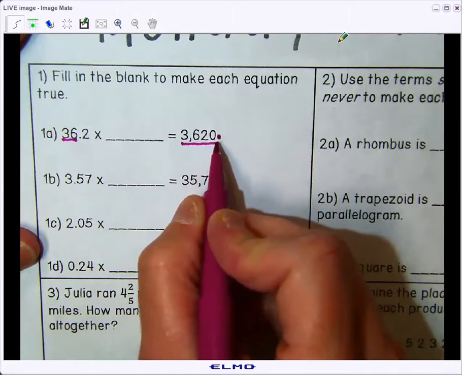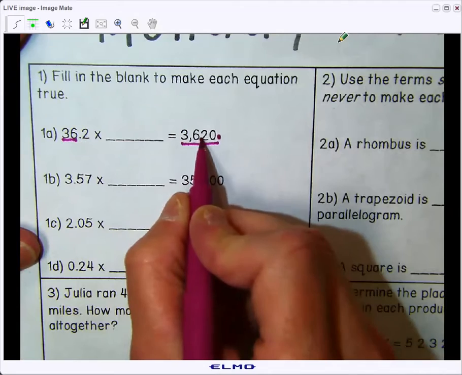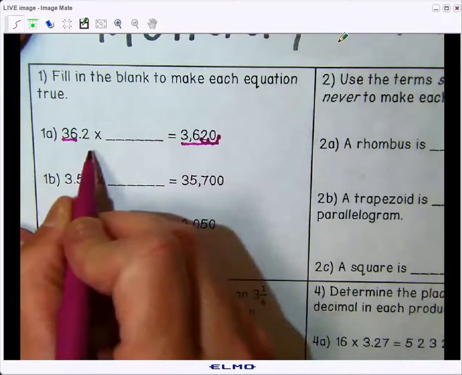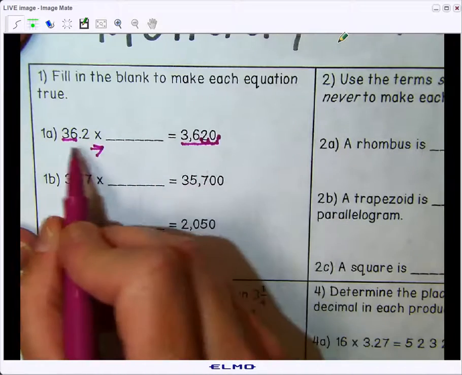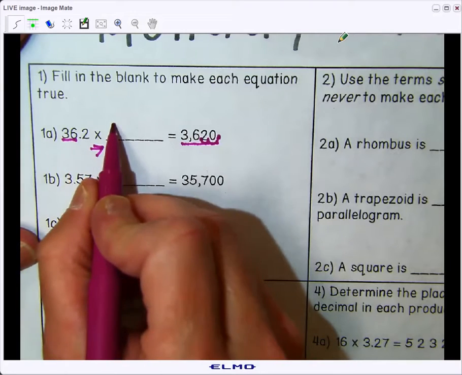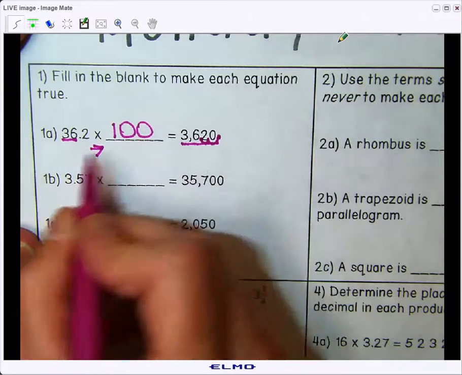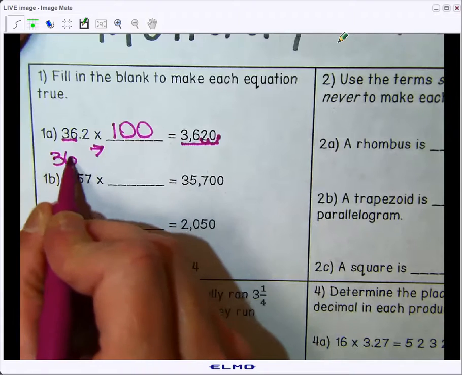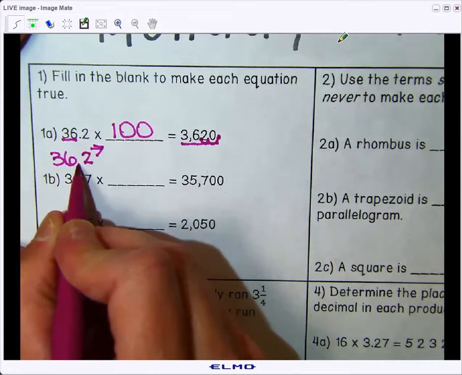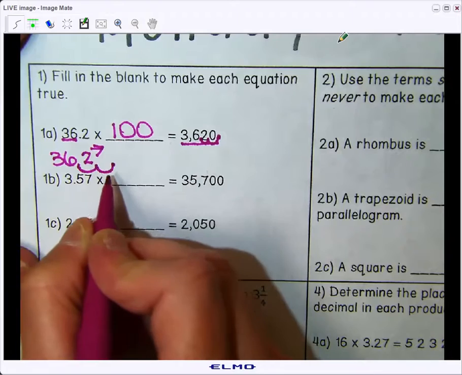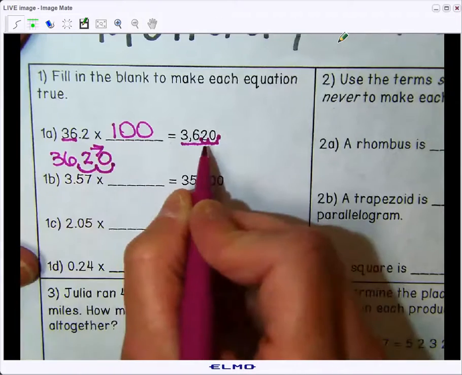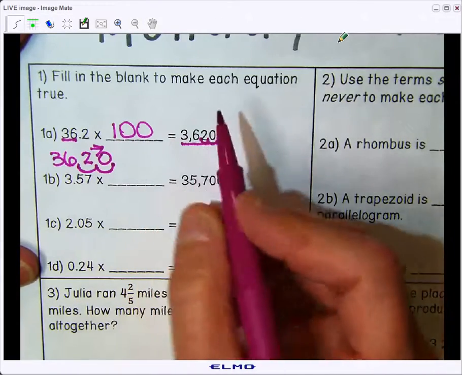That means we're going to move that decimal point 2 times to the right, and we will be multiplying 36.2 times 100. And again, when we do this, we check, we move it 2 times to the right, include that 0, and we have 3,620.